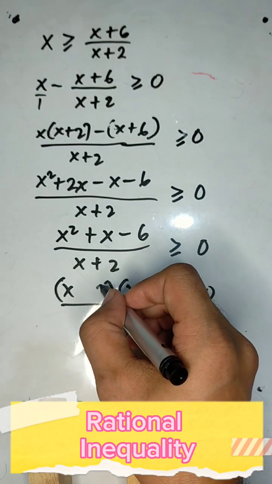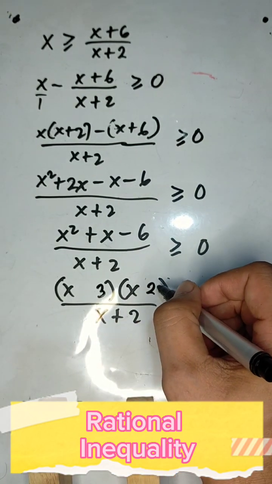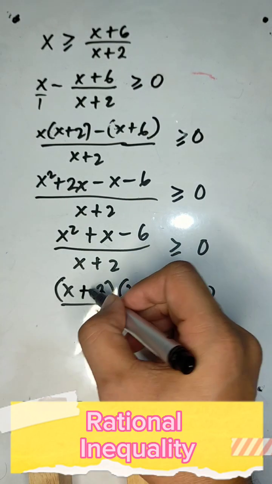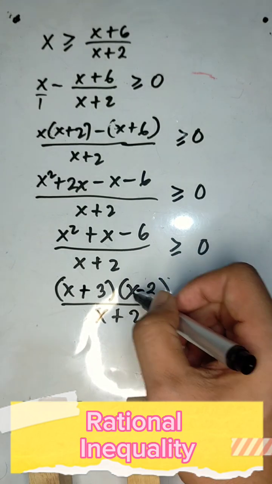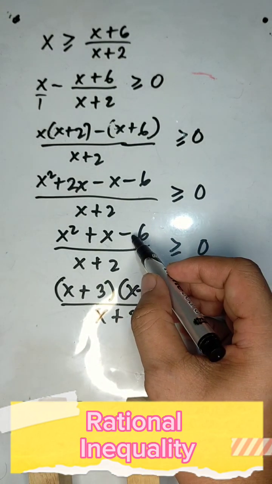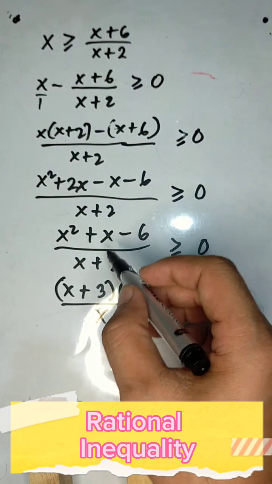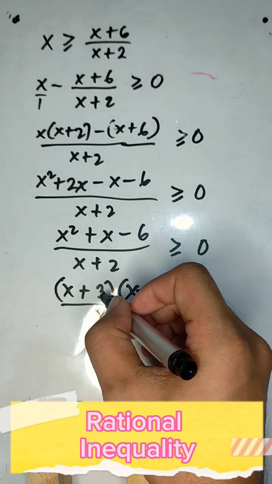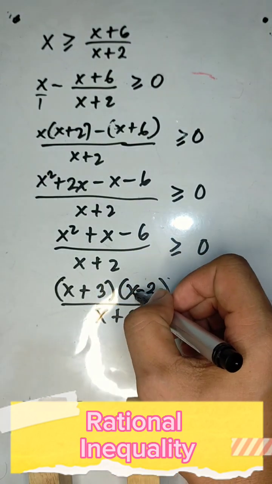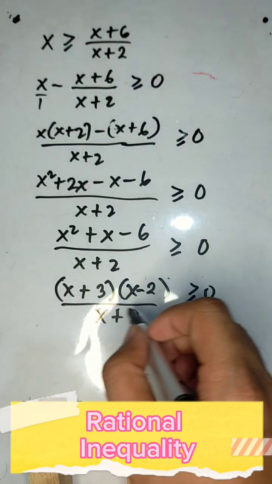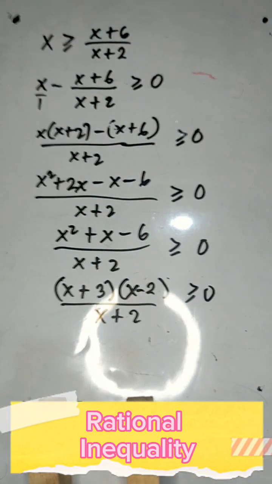Now that's positive, so let's take positive 3 and negative 2, because if we multiply positive 3 times negative 2, that gives us negative 6. And then for the O and I of our FOIL, positive 3x minus 2x gives us positive x, which is the middle term. Okay, this is the factor of our numerator.